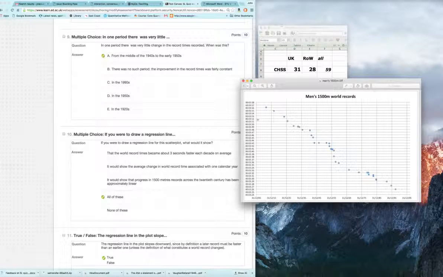As I've already said, the change seems to be pretty linear, pretty constant. That's an interesting fact, because you would imagine that as athletes got closer and closer to the limit, the rate of progress would slow down, but there's no evidence of that happening.